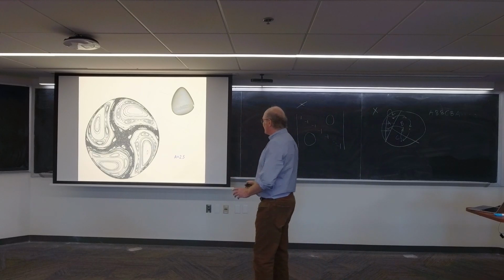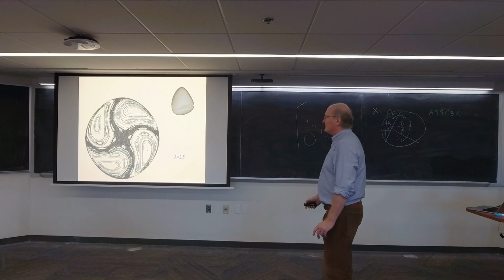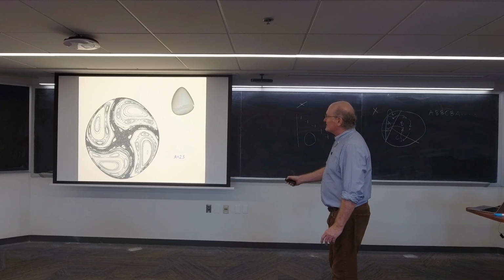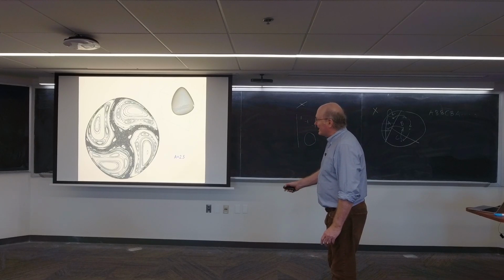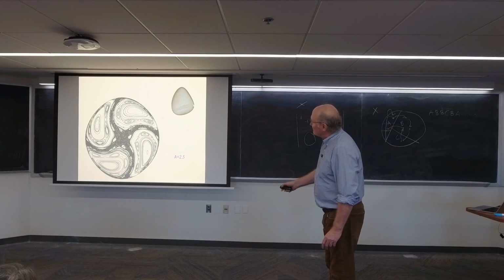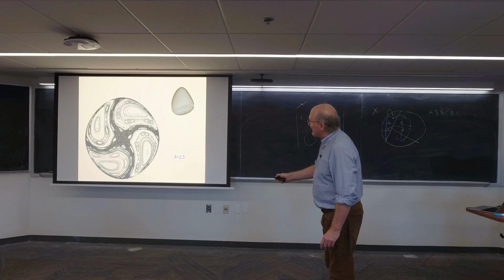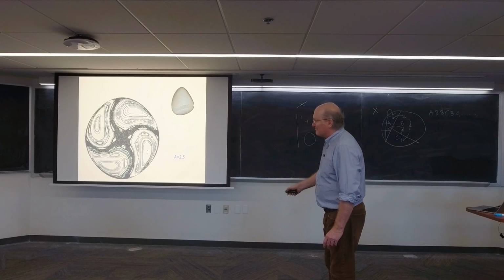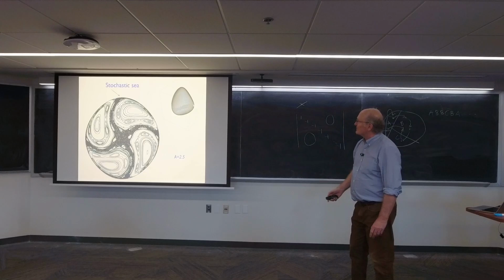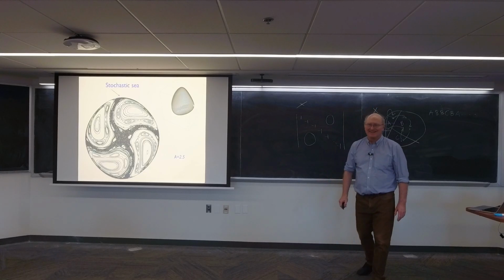Now, when I increase A to 2.5, what do you see? The islands are still there, although they're breaking up into sort of atolls. There are these island chains surrounding the main island. But most importantly, there's this black sea emerging between the islands. This is what the experts call the stochastic sea.